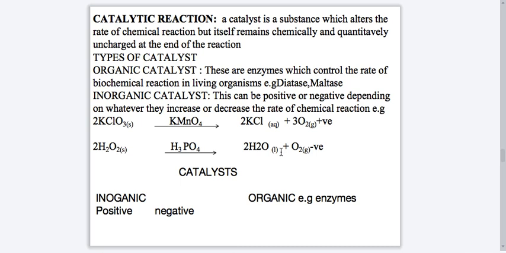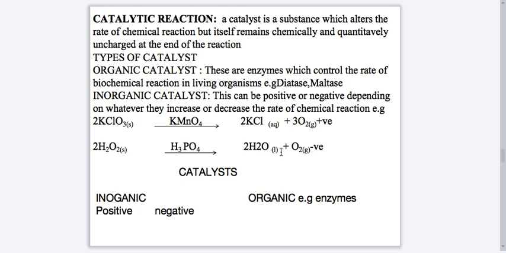While in the case of the contact process, what do we mean by contact process? It's a process where H2SO4 is produced, from step 1 where sulfur combines with oxygen to give sulfur dioxide. The step that requires a catalyst is when you have SO2 combined with O2 to give us SO3.